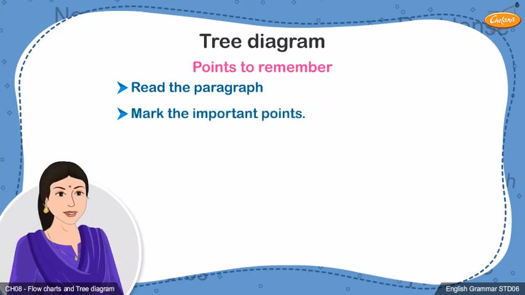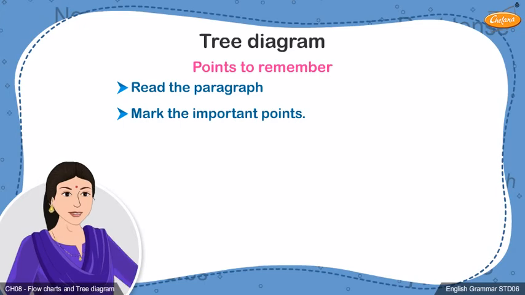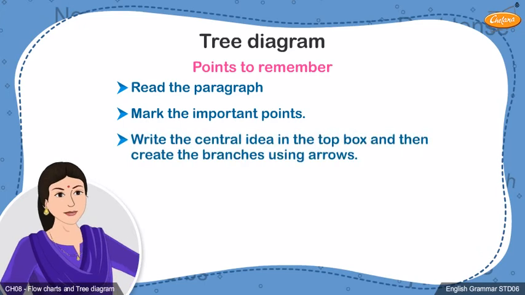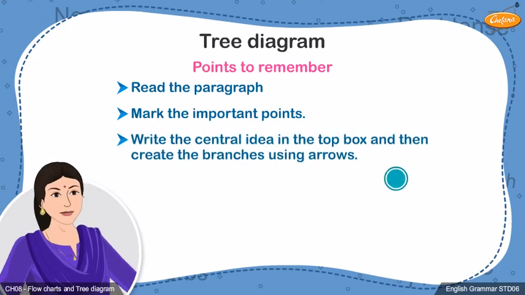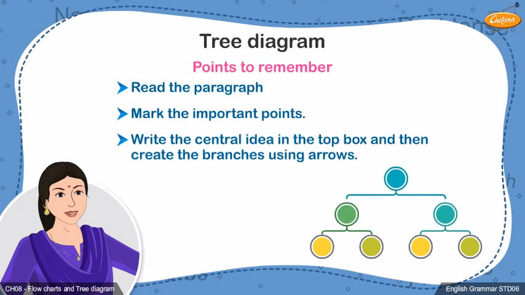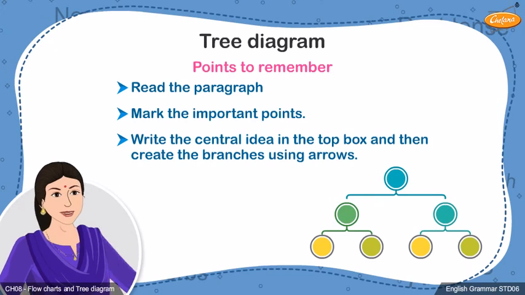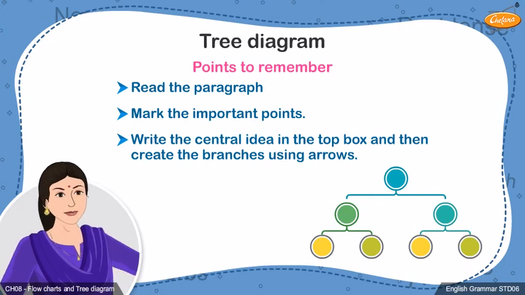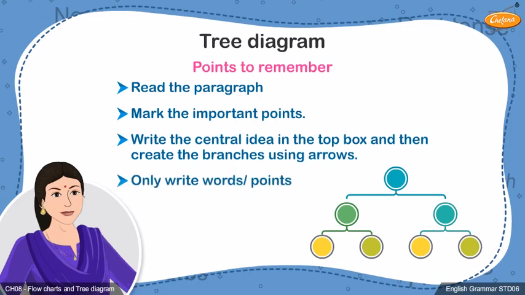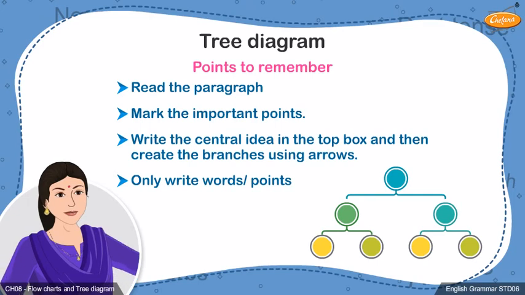Mark the important points to be included in the diagram. Start preparing the chart by writing the central idea in the first box at the top and then show the branching out using arrows to show the related points. Remember to only write words or points and not complete sentences.